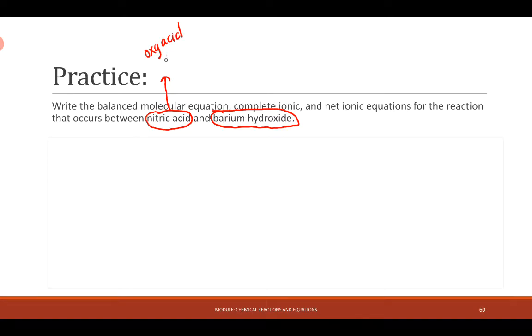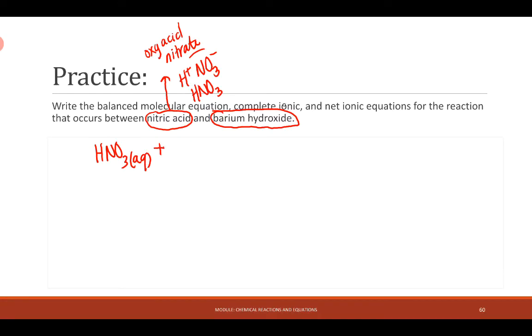And so that's going to come from nitrate. And so I need an acid between nitrate and hydrogen. So that's HNO3. So HNO3. And acids are going to be aqueous in solution.